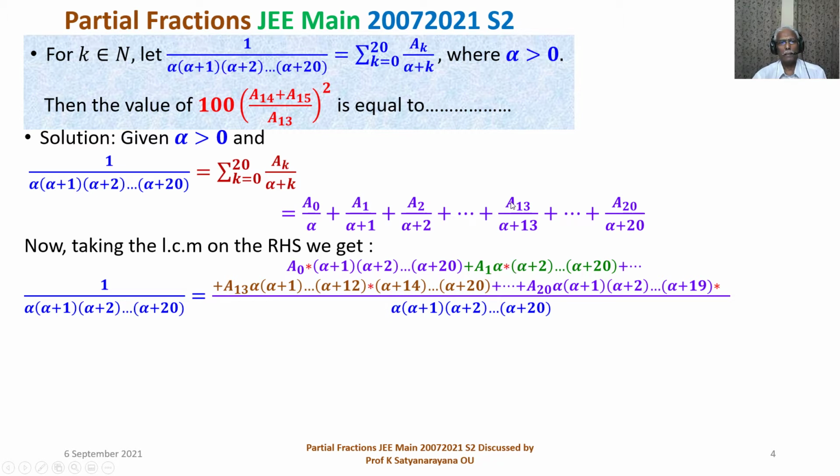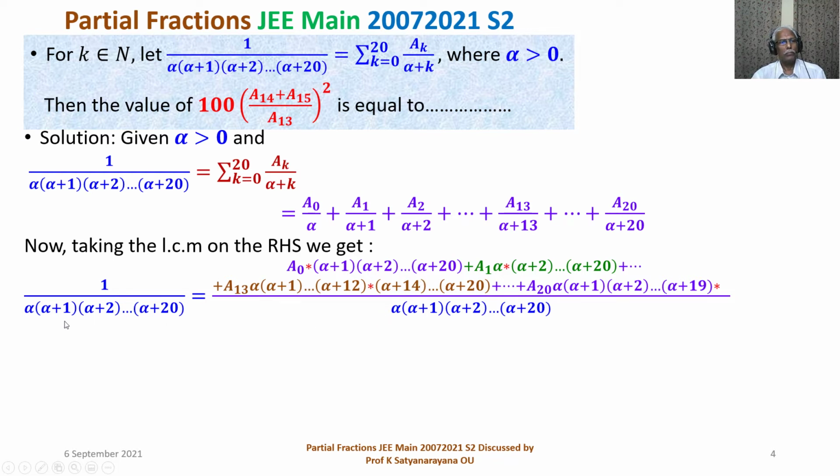At a13, when k is equal to 13, a13 into the product of all the factors except alpha plus 13. And at the end, when k is equal to 20, a20 into alpha plus 1 into alpha plus 2 up to alpha plus 19, and alpha plus 20 is absent. The star in red says that the respective term is missing.